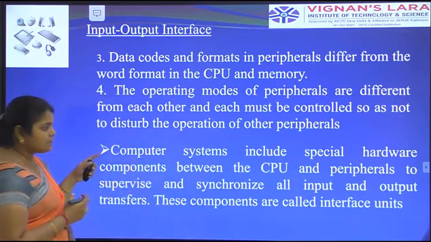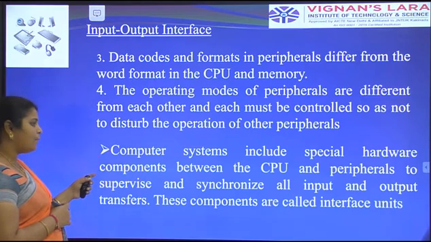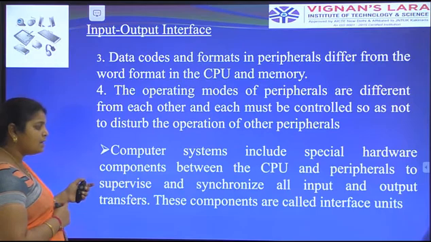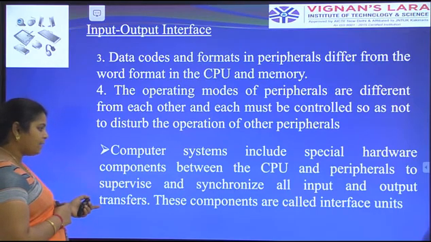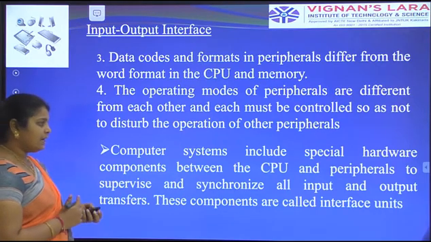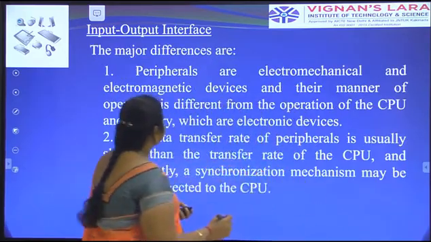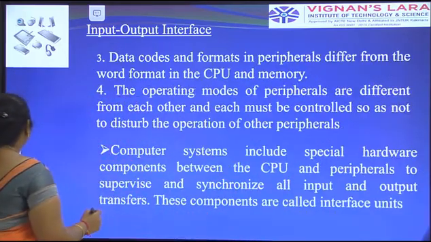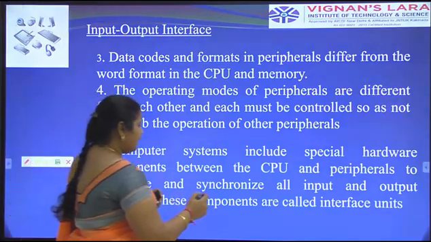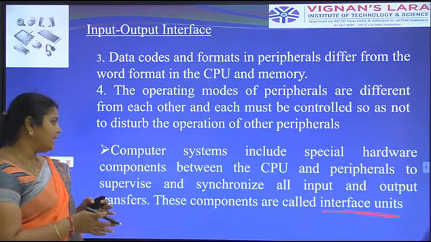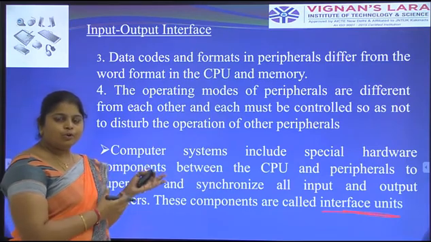The computer system includes special hardware components between the CPU and peripherals to supervise and synchronize all input and output transfers. These components are called interfaces. Here the meaning is that it acts as an interface unit, which we already discussed.